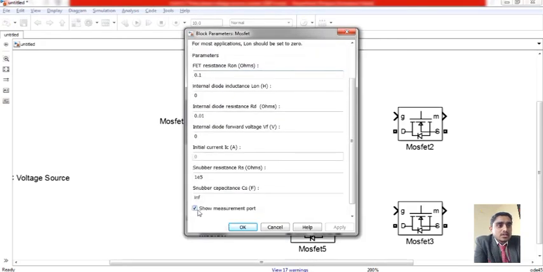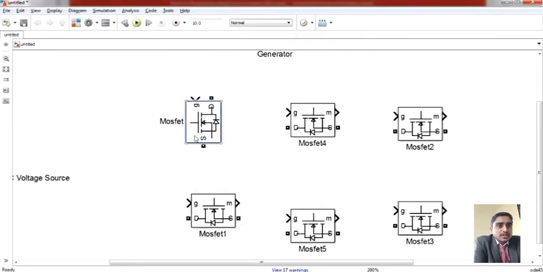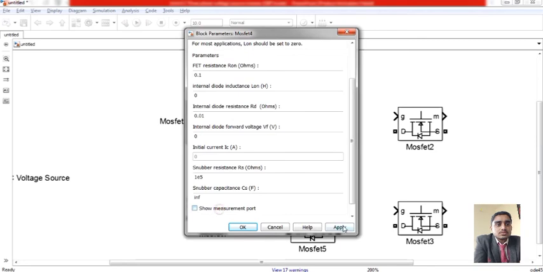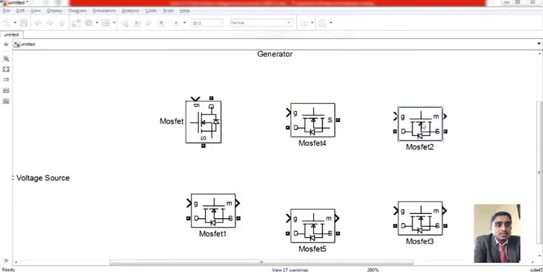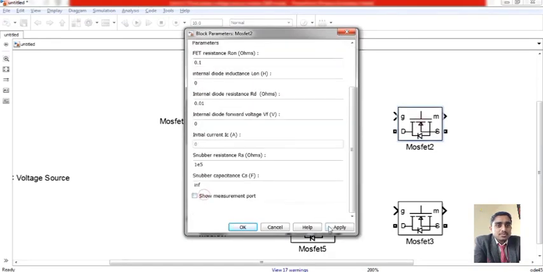Then we will connect the MOSFETs as required. So I will connect the DC voltage source, the positive terminal of the DC voltage source, to the upper layer drain terminal of the MOSFET.